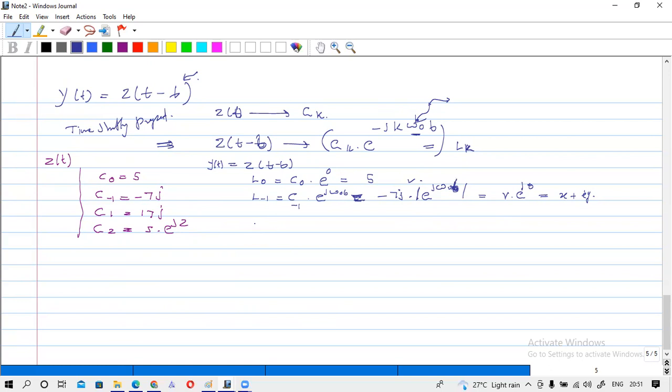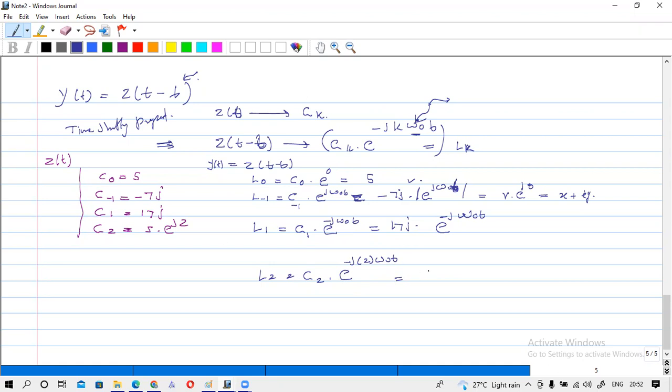And L plus 1 will be C1 e to the power minus j k omega naught 6, where k is 1 here. So we have C1 17j, and it will be e to the power minus j omega naught 6. This will be L1. In the same manner, L2 will be C2 e to the power minus j 2 omega naught 6.